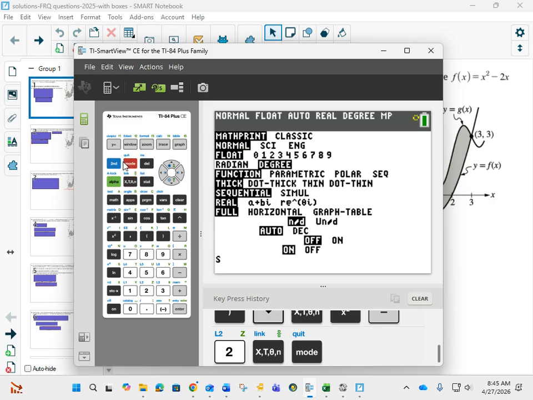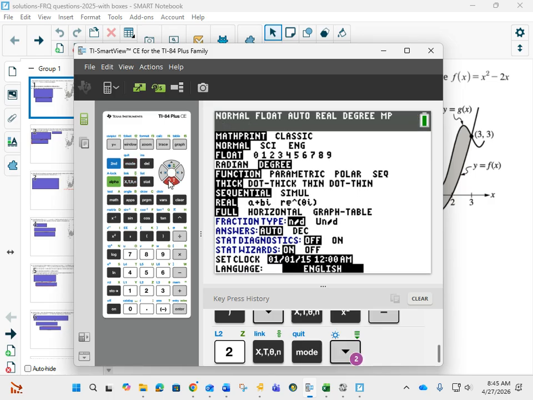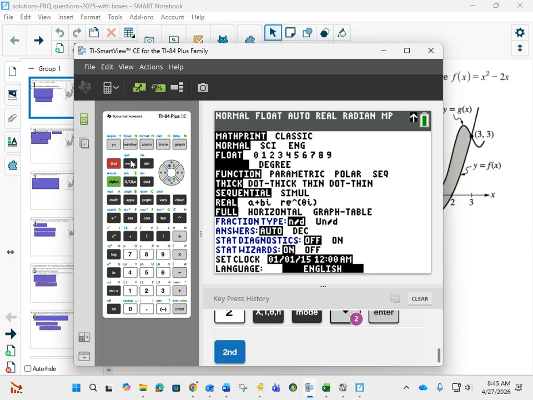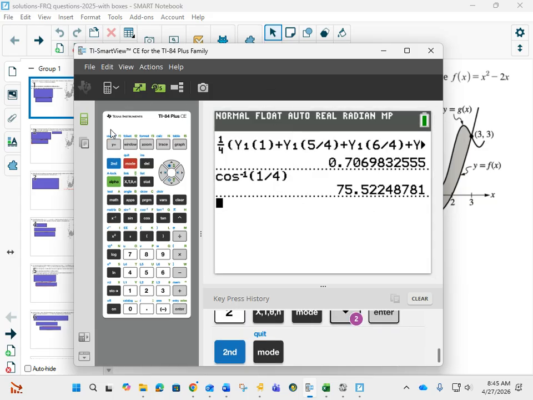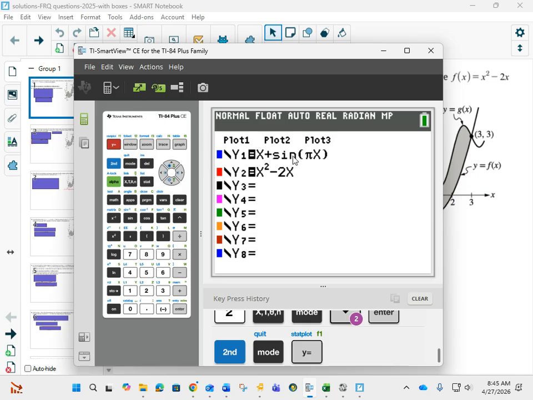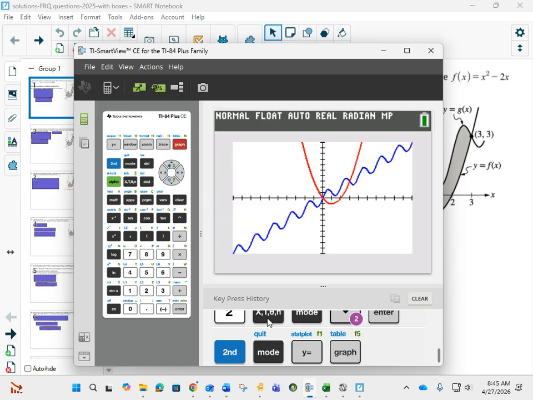My calculator is currently in radians. Your derivatives don't work in degrees, sorry, so I switched it back to radians. So now I've got y1 in there, y2 in there. If I hit graph, I see that same graph, a part of it, and we see the shaded region there.